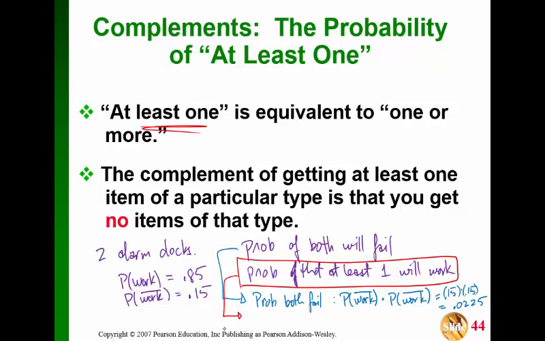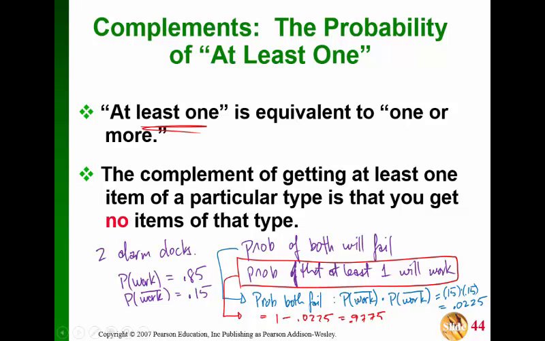So the probability that at least one will work will be equal to the complement of both failing. So 1 minus 0.0225, which is equal to 0.9775.